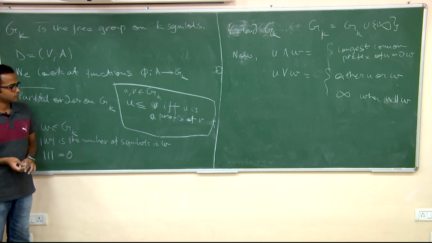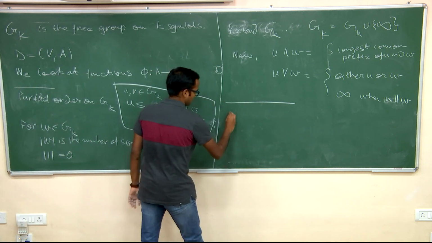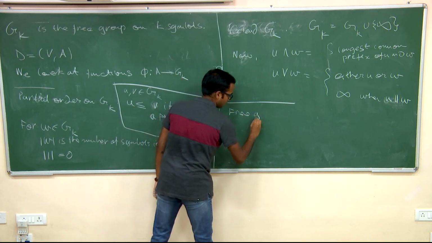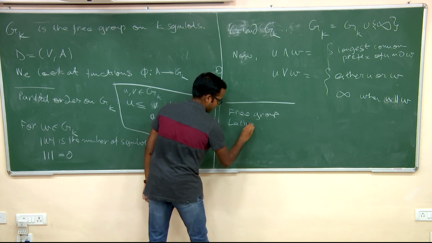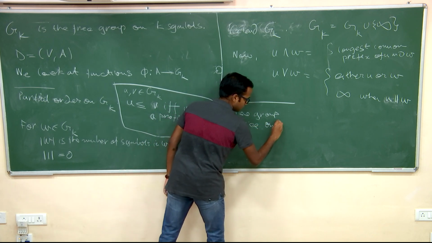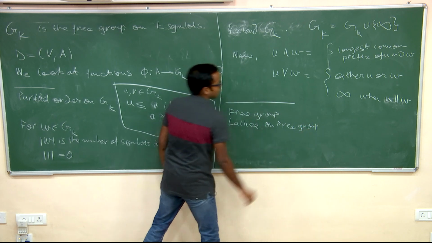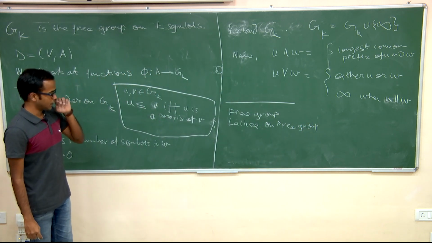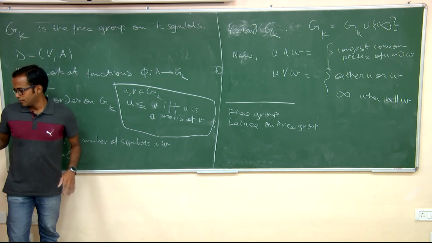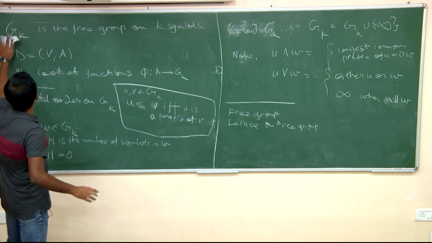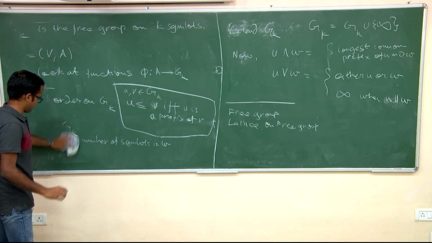So what have we got so far? The free group and a lattice on the free group. Now we'll be looking at those functions again and a specific kind of problem on those functions.